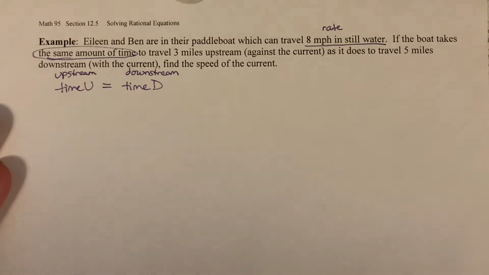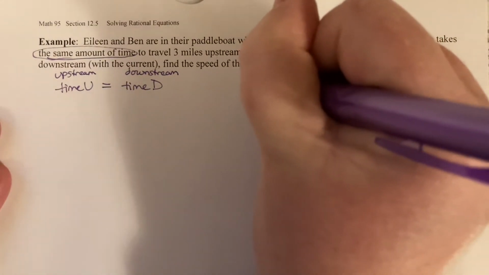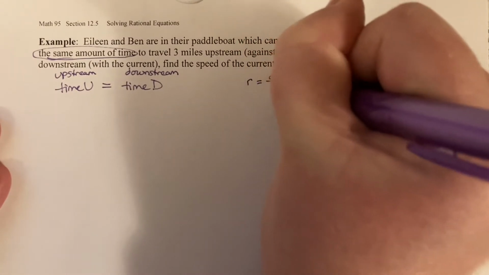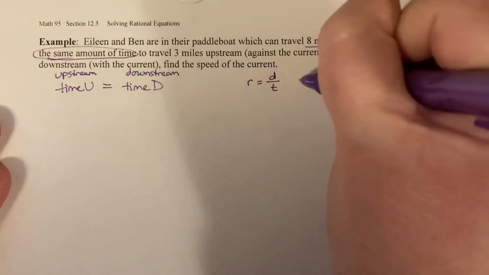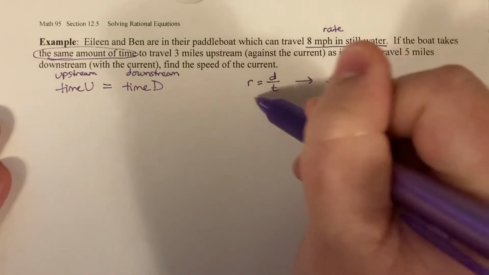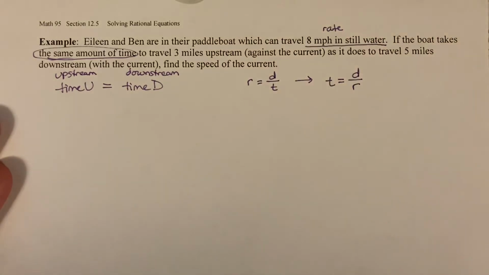Okay, time equals time. So what we need to do then, remember that any speed or rate is always distance over time, like miles per hour. If I rearrange this so that I want to find what time equals, I would multiply by time, divide by r, so it'd be d over r.